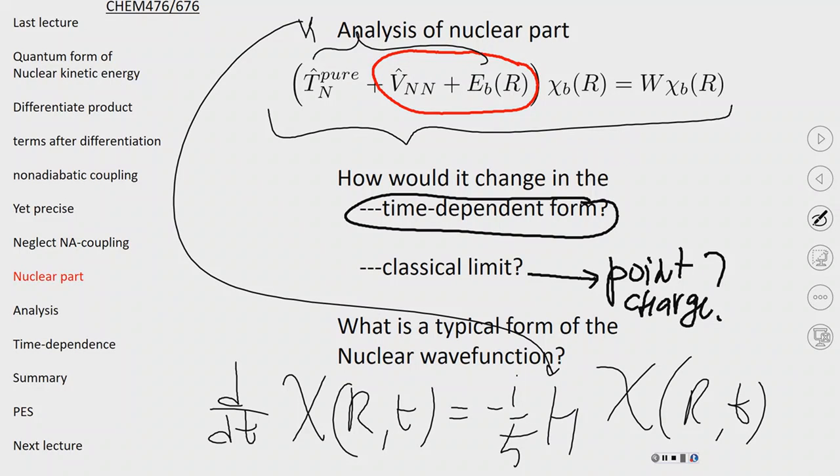So suppose we know how the nuclear wave function evolves in time, and we ask the same question again and again. A theorist and computational chemist is a humble servant of an experiment who needs to predict the outcome of an observation. Observable. So all these wave functions, all Hamiltonians are abstractions. We need something that can be measured.